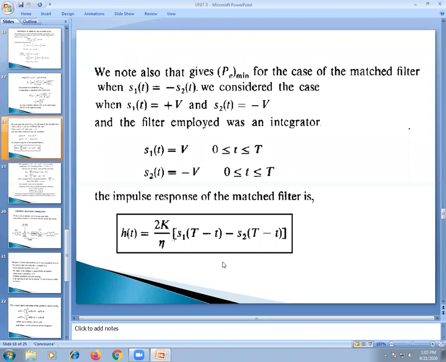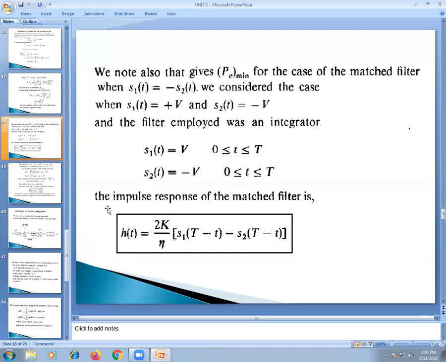S1 of t is equal to V, that V is the voltage level, from 0 to T only. In the span of 0 to T there is voltage V, and that signal is known as S1. S2 is the opposite of that, with the same span of 0 to T. So S1 and S2 are plus or minus V volts.